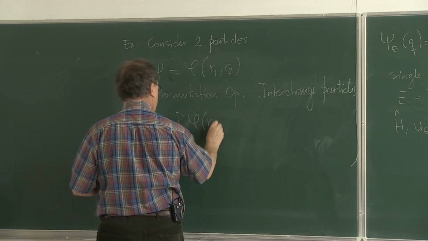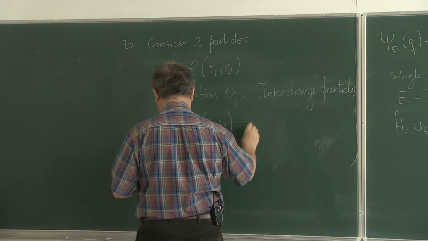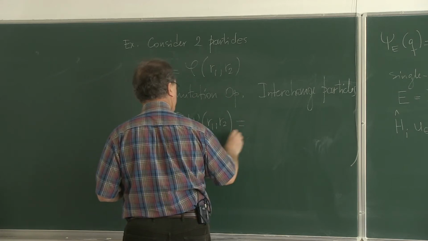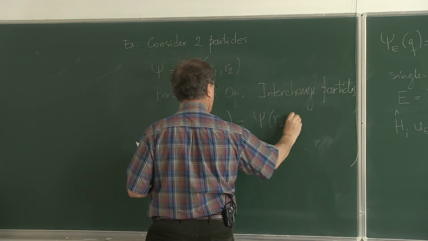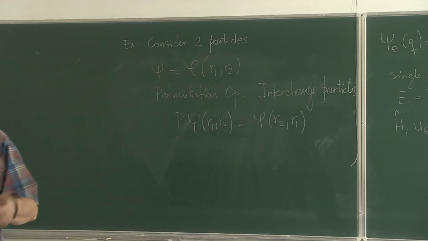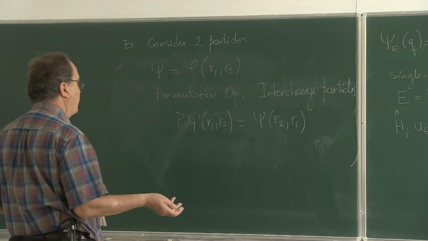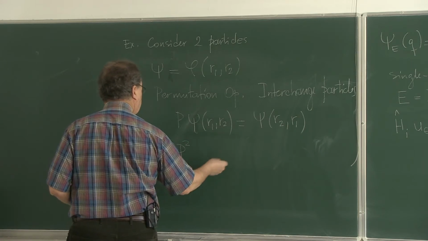If you have a wave function like that, it takes it to psi(r2, r1). It interchanges particles, takes one into two. Now, if you apply it once more, of course, you have to get back the original state.